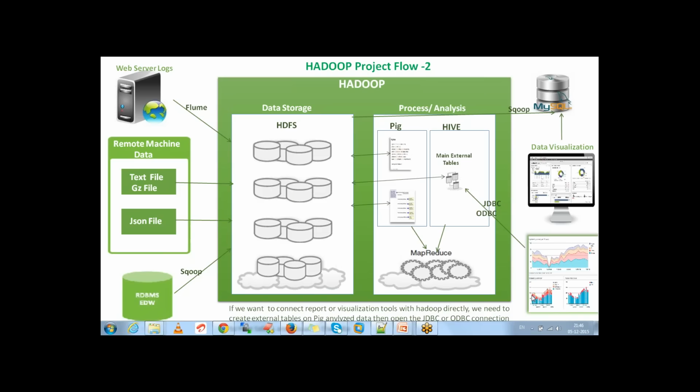From that point of view, Pig is always better. Instead, if I want to maintain the daily incoming data and connect to the outside world, that means JDBC and ODBC connections, or connect with Impala, HBase or NoSQL, then Hive is the better choice. If you simply want to process, we need to use Pig.